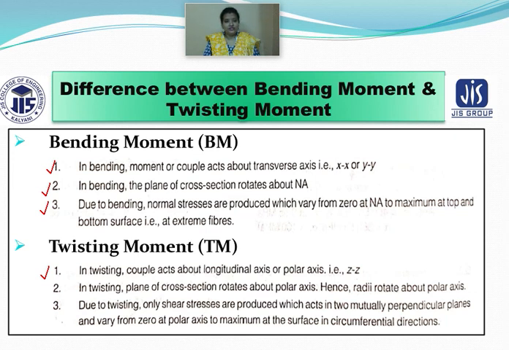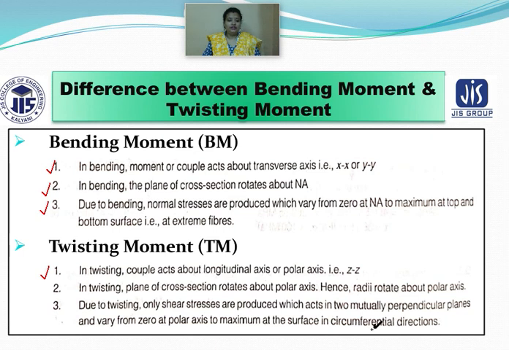So twisting moment is also known as your turning moment, that I have already mentioned in the introduction portion. So there you can see that bending moment always occurs along your x axis, y axis, that is along your transverse axis, but the twisting moment acts along your longitudinal axis, or you can say the polar axis, that is your ZZ direction.